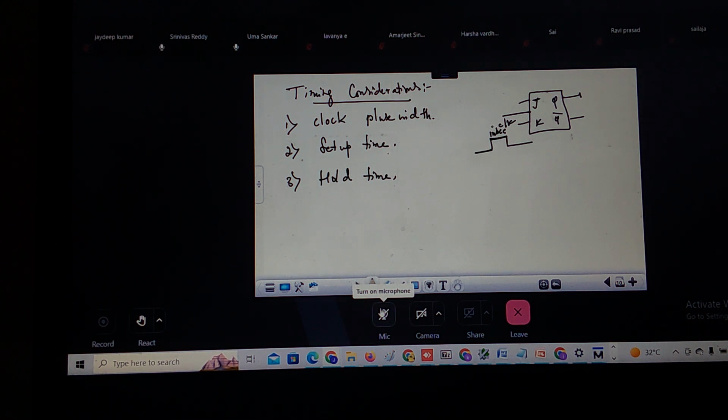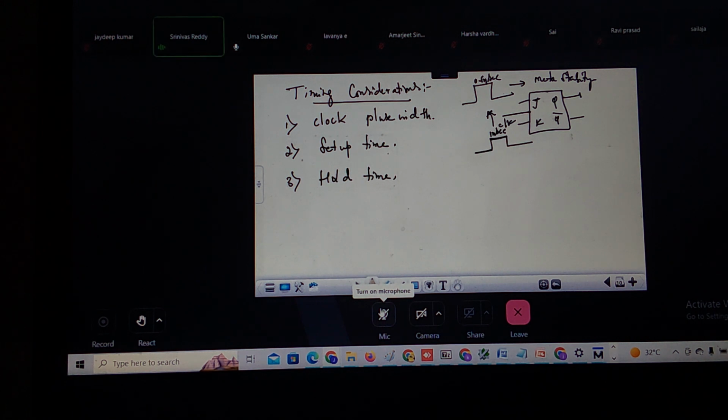In case I am reducing this clock pulse width to, for example, 0.5 nanoseconds, your flip-flop won't give the desirable output. It will lead to what? Metastability problem.